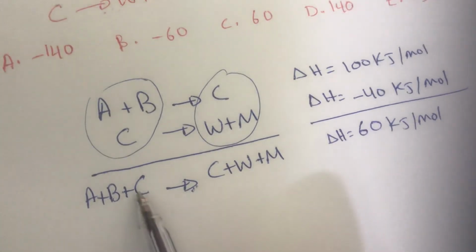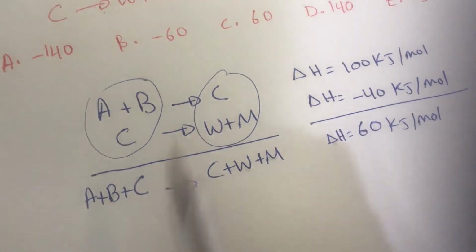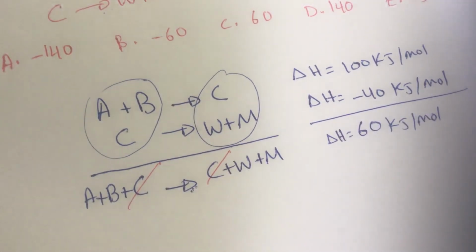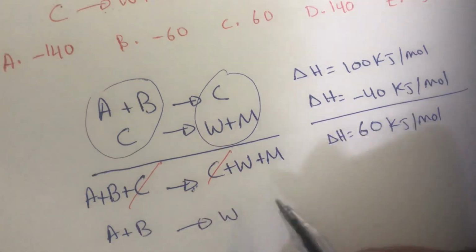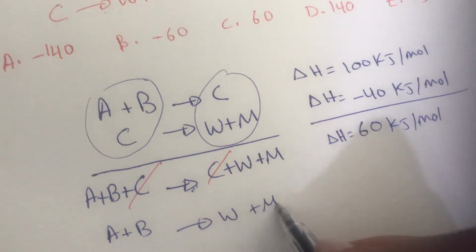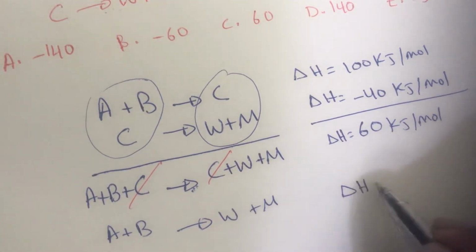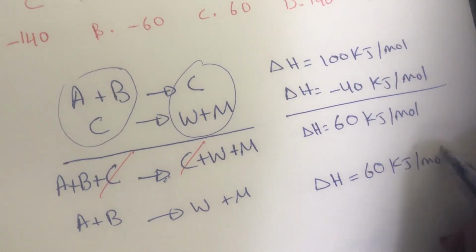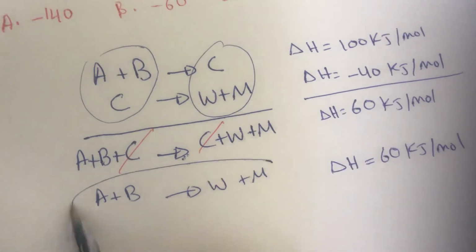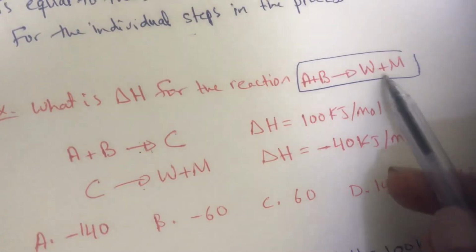Here you have C in the reactant and product, so you can delete it. So A plus B produce W plus M. Delta H for this reaction is 60 kilojoule per mole. So here you get the reaction you want in the question.